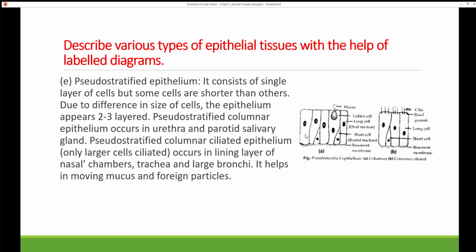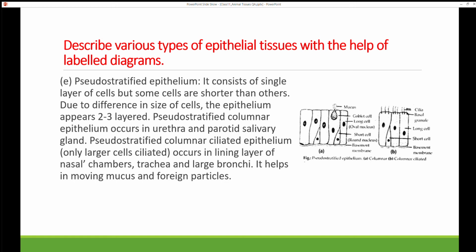Pseudo means false, falsely stratified, columnar. It is present in the urethra and in the parotid salivary glands. Large cells are ciliated, occurring in the inner lining of our nose, nasal chambers and trachea. The respiratory system contains the pseudostratified epithelium.